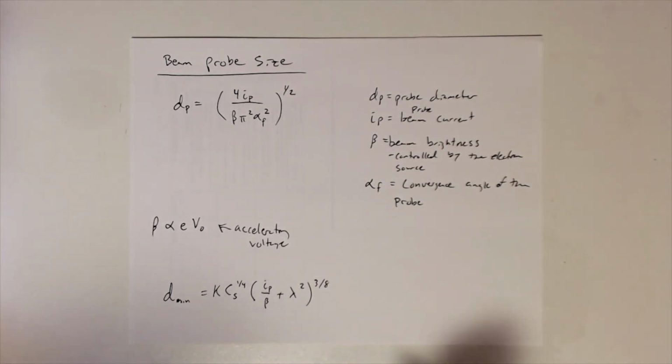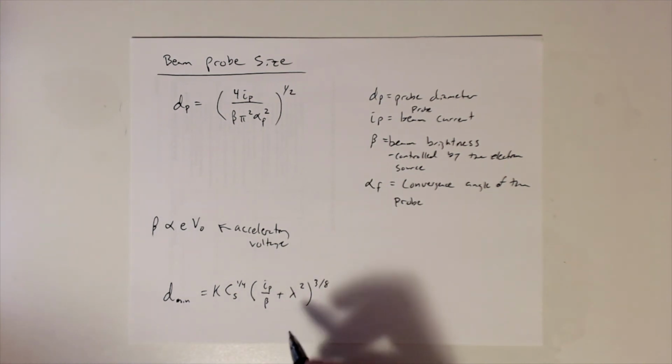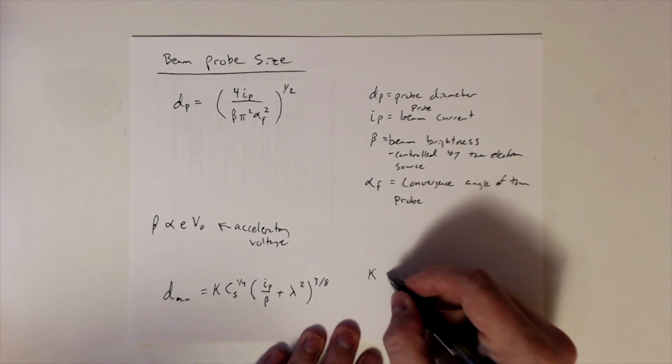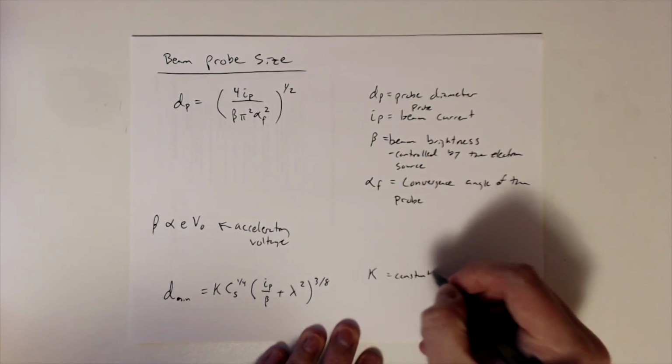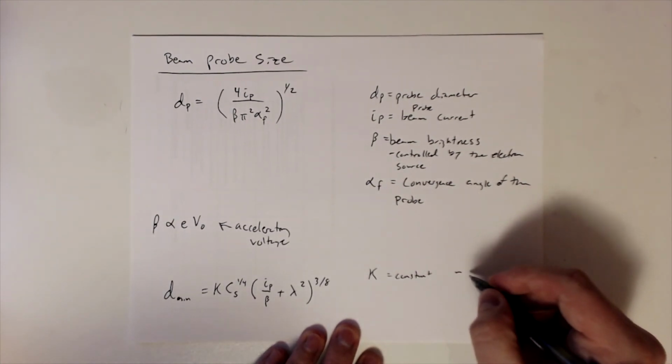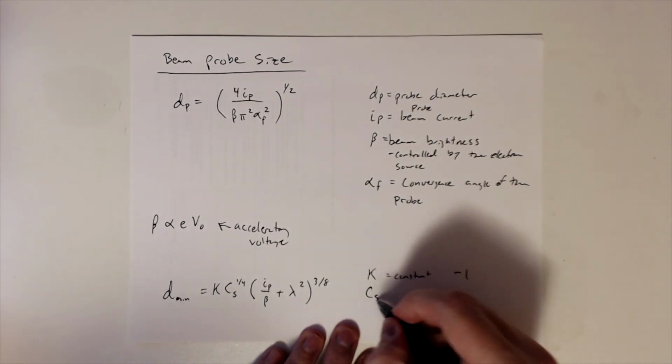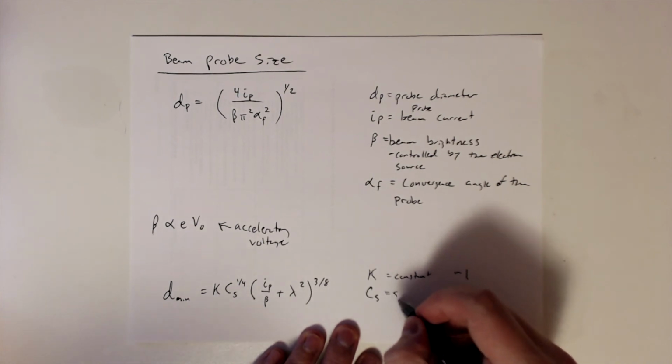So obviously it's a clunky equation, but some of the things to note about this one: K is a constant, and it's close to 1. Cs is the spherical aberration.